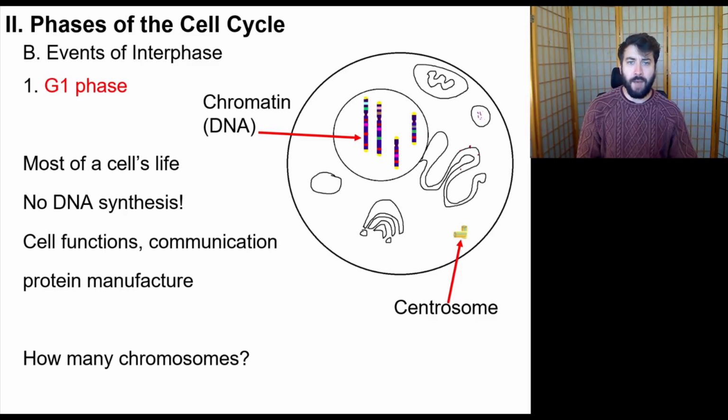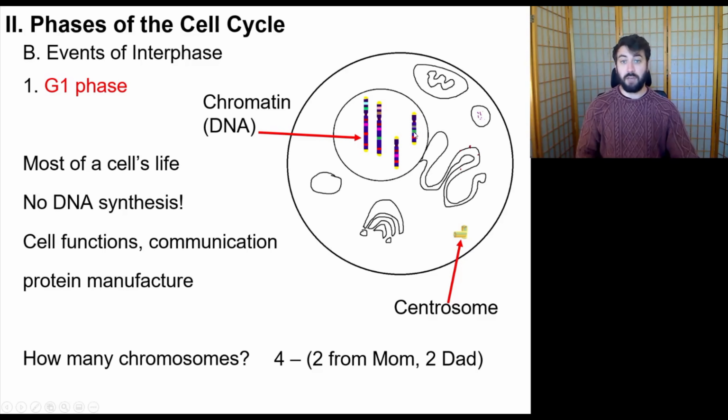Now, how many chromosomes do we have here? Well, in total, we have 4, 2 from mom and 2 from dad. More specifically, 1 long chromosome and 1 short chromosome from mom, and 1 long chromosome and 1 short one from dad. So that means we have 2 copies of each chromosome, 2 long chromosomes, 2 short chromosomes.